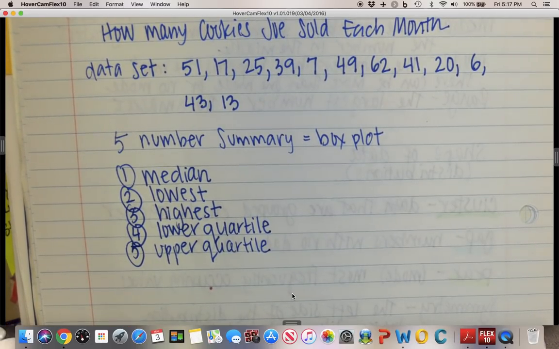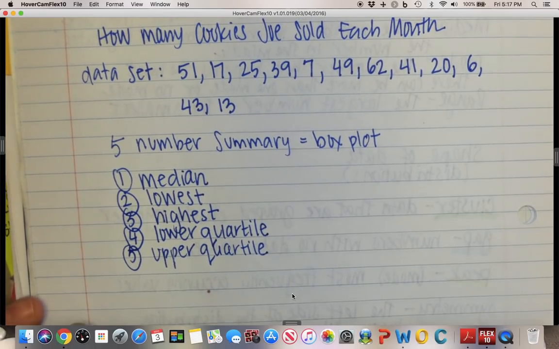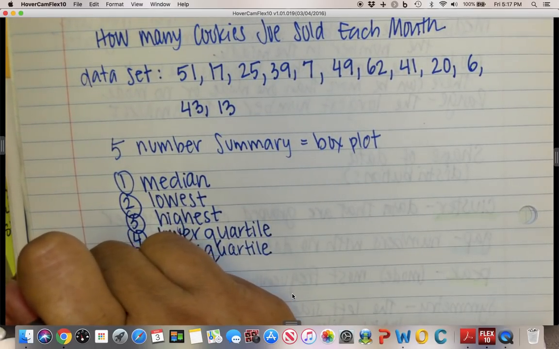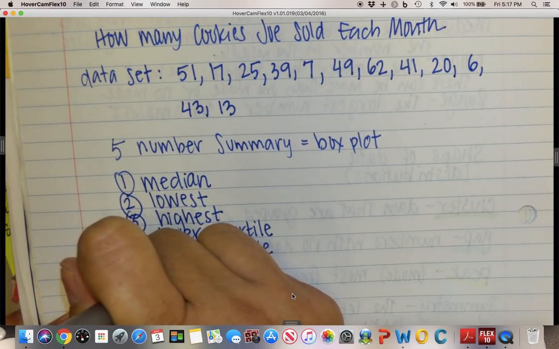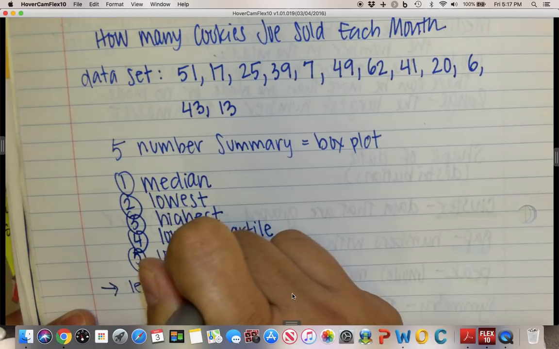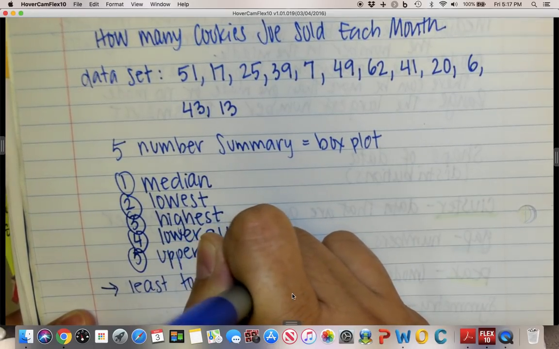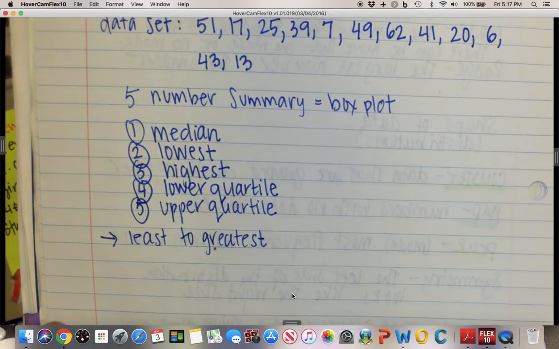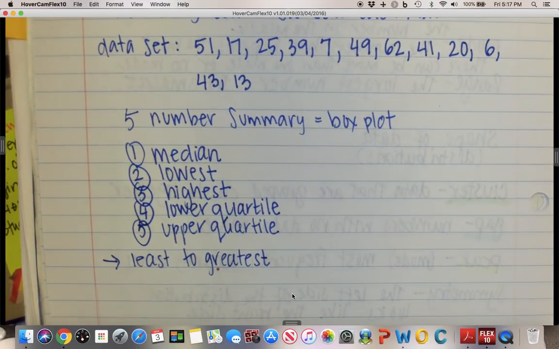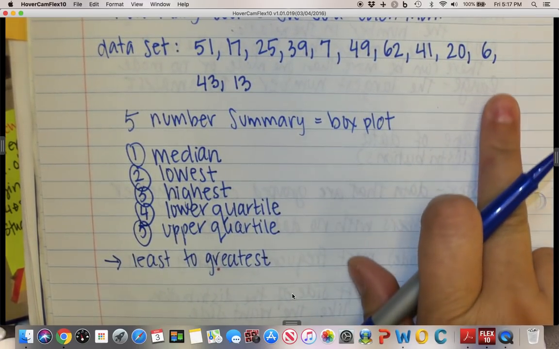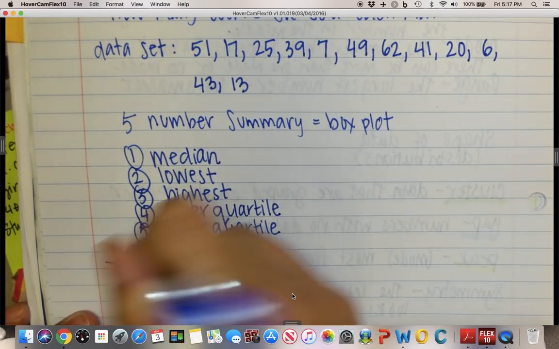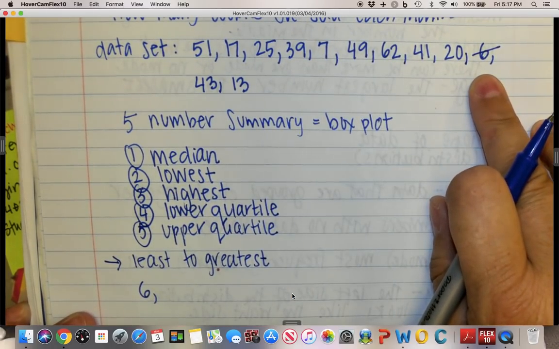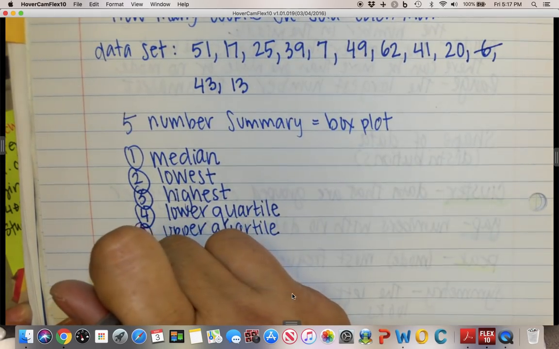So the first thing we're going to do is put our data in order from least to greatest. I know he had a couple bad months, and the lowest here is 6. So I'm going to start with 6. I'm going to cross it off so I know I've used it. Then 7.